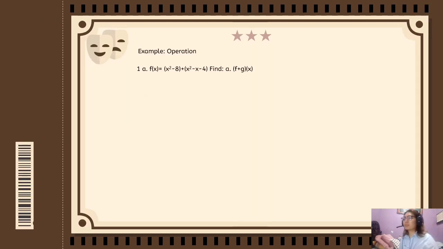Example of operation. Number 1, f of x is equal to x squared plus 8 and g of x is equal to x squared minus x minus 4. Find a, f plus g of x. Ayan na. As we can see here, sinubstitute na natin, ay nilagay na natin yung ito dito.